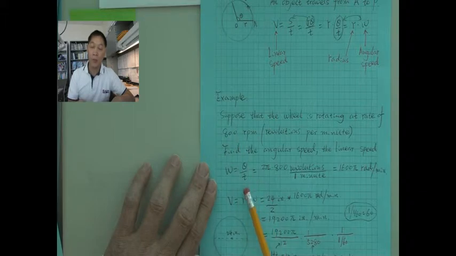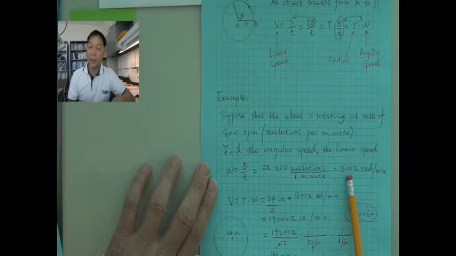We know that 1 revolution is 2 pi. So for 800 revolutions, we have 800 times 2 pi. What we get is 1,600 pi radians per minute.